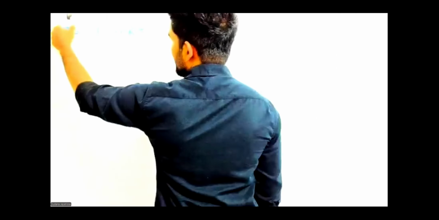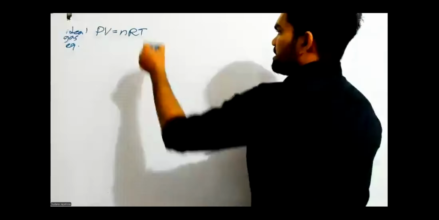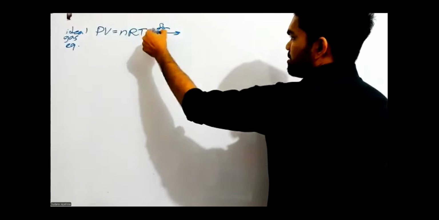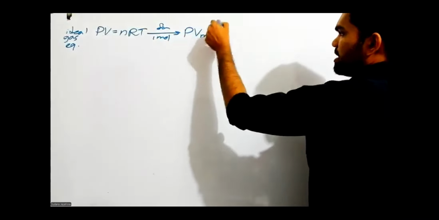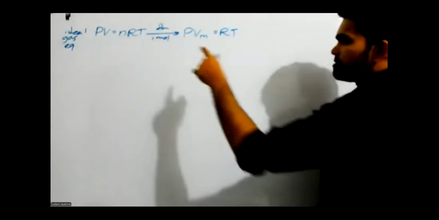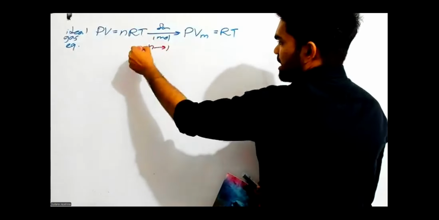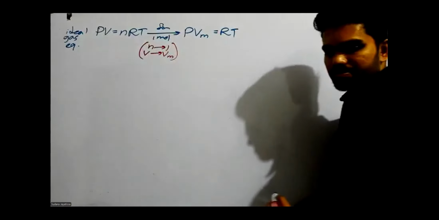Then if you write this for 1 mole, you can say PVm equal RT, because for 1 mole, n will be equal to 1 and V will be equal to Vm, the volume of 1 mole.